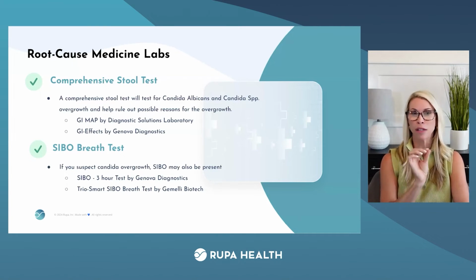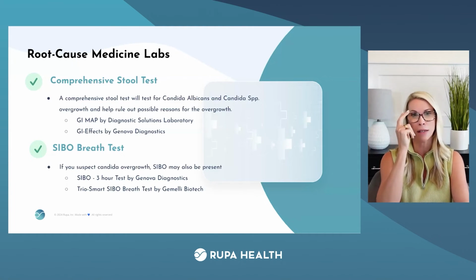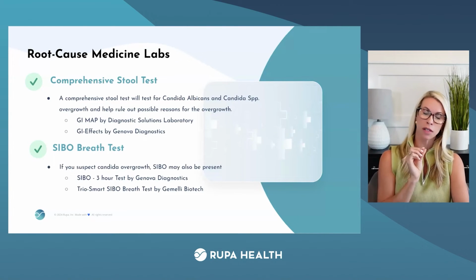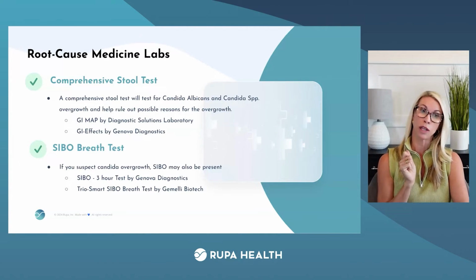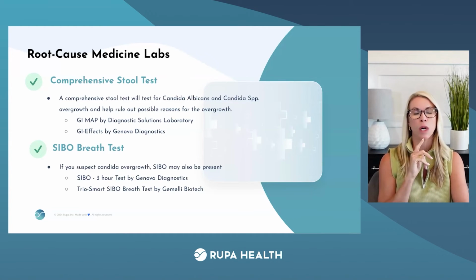And again, remember, that's a very common reason that yeast and other pathogens get overgrown, from not having enough stomach acid. And so I've highlighted here two comprehensive stool tests. There are others, and I would encourage you, if you've never done this and you don't know about this really cool tool that Rupa has, when you're in your Rupa dashboard, you can go and you can do a lab comparison.